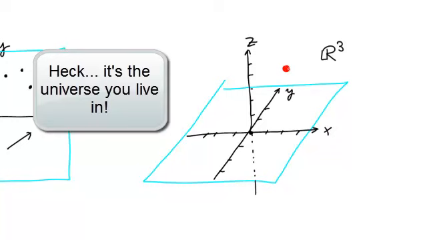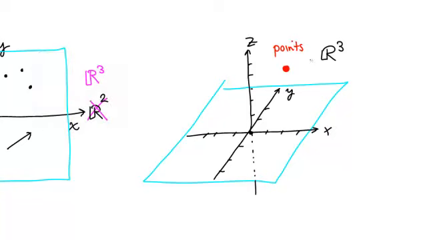Inside this three-dimensional space, you'll have objects like this, points. Now this picture is a little bit hard to figure out, because I'm trying to convey the idea that this point is somehow resting slightly above the xy plane.